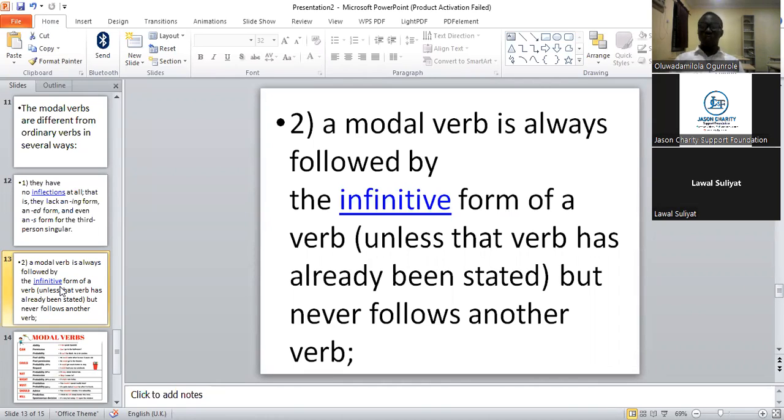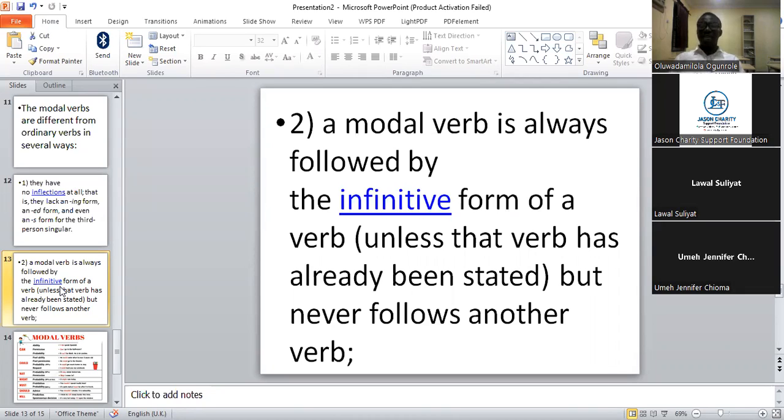Because you could not change that run from its present form into the past form, it is telling you that that particular verb is in the infinitive form. You cannot change it. It remains like that all through your sentence. So if you're going to change from one tense to another, it is your modal auxiliary verb that will be affected.